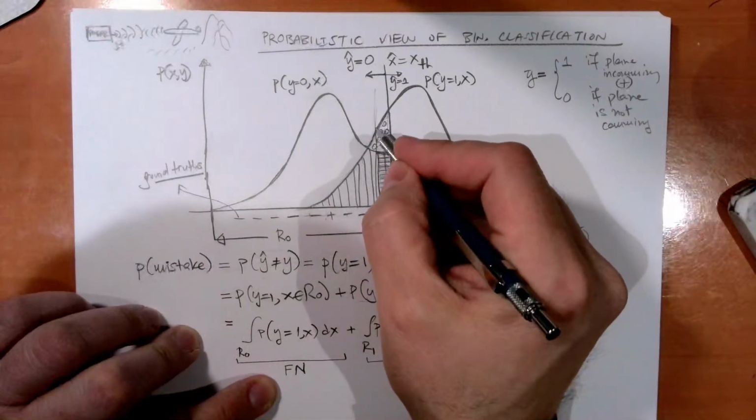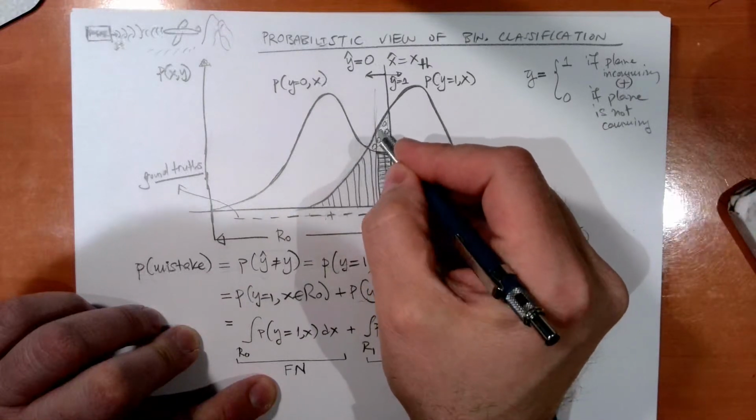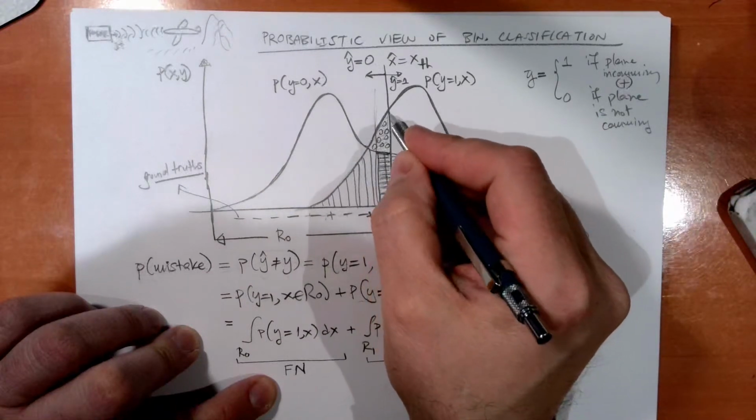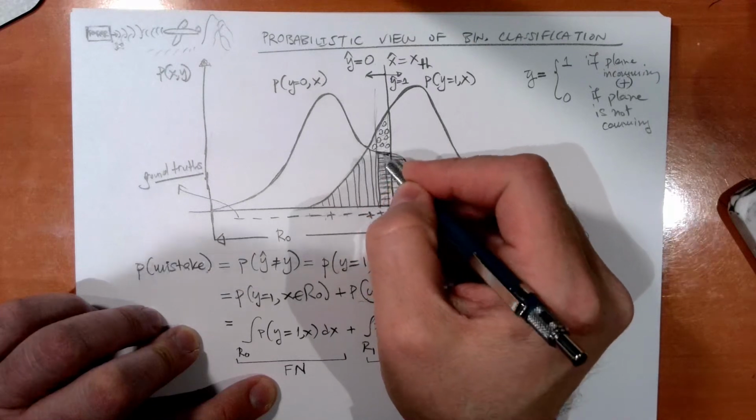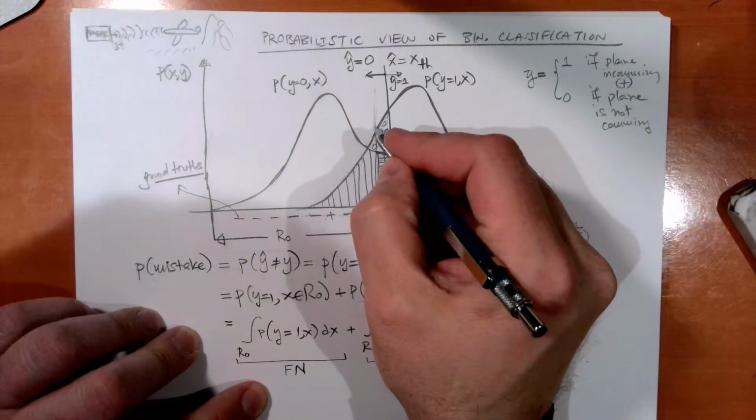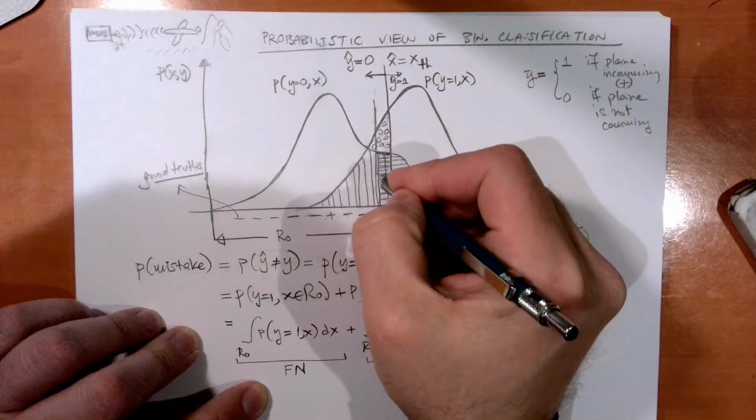But this part of the false negative is going to be 0, because the threshold now is going to be right here.